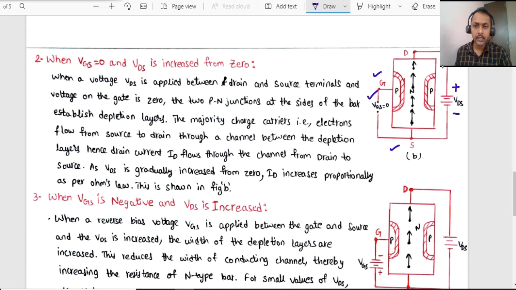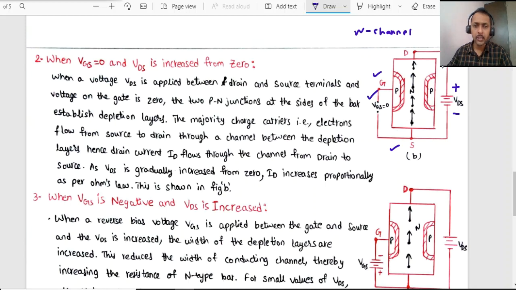If it is an N channel, the majority charge carriers will be electrons. The majority carriers, that is electrons, will flow from source to drain through the channel between the depletion layers. As VDS is gradually increased from 0, ID also increases proportionally, and we can observe the increase in the drain current.